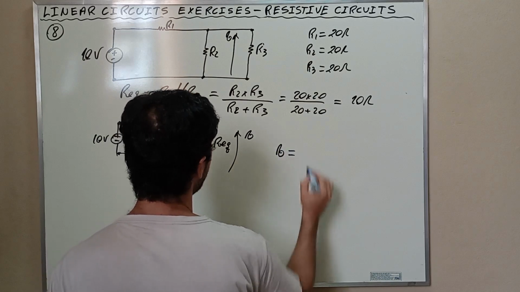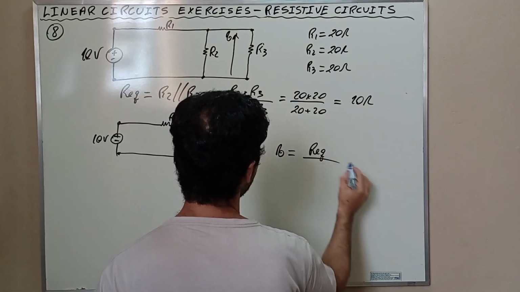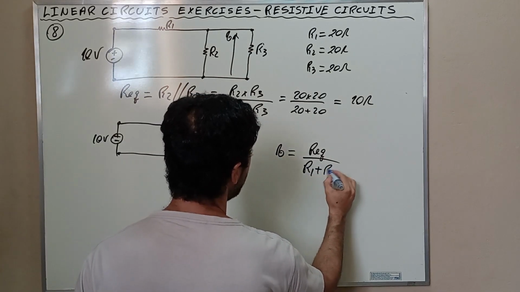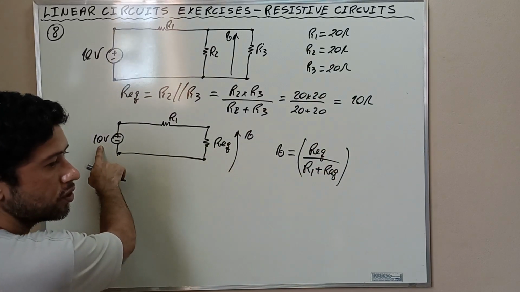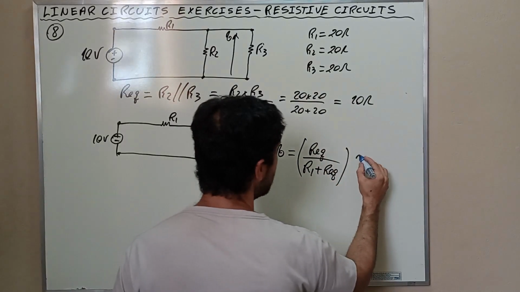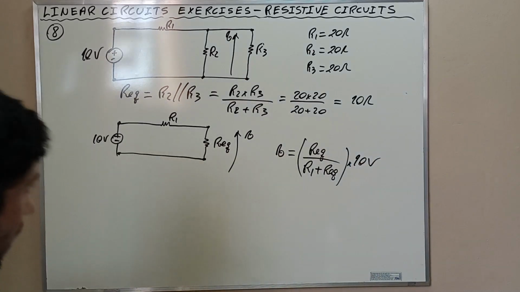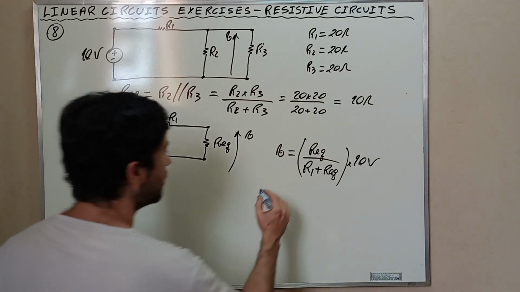Then V is going to be equal to the equivalent resistance divided by R1 plus the equivalent resistance, times the value of the voltage source, 10 volts. Okay, my friends? Let's substitute.